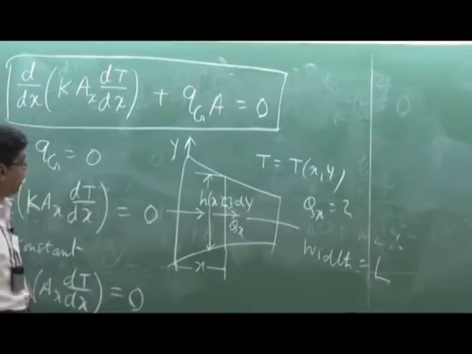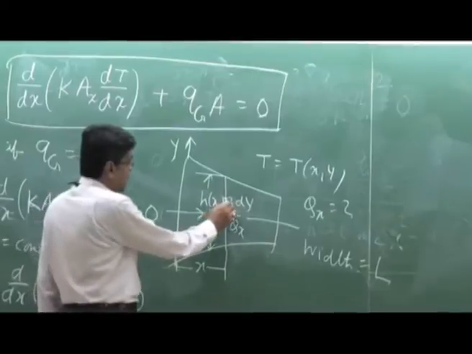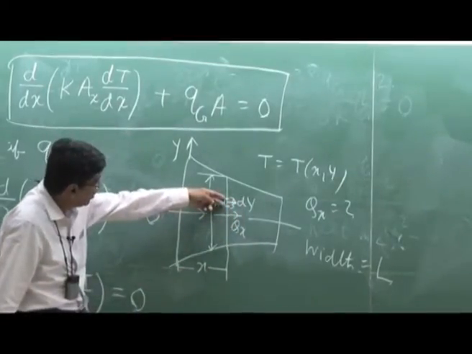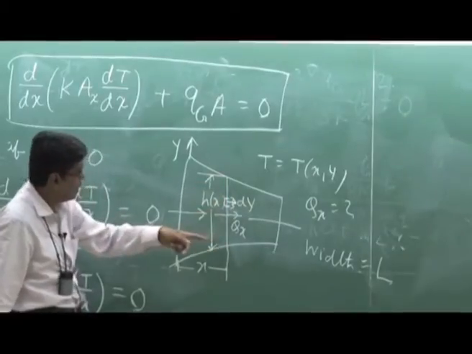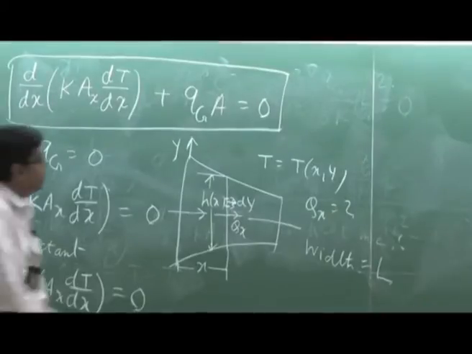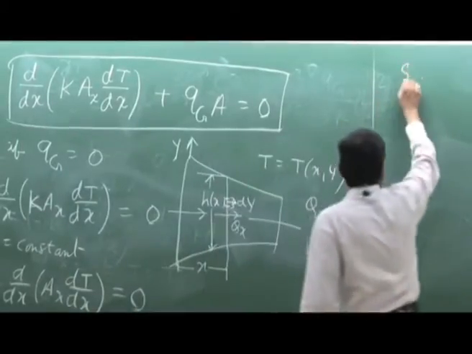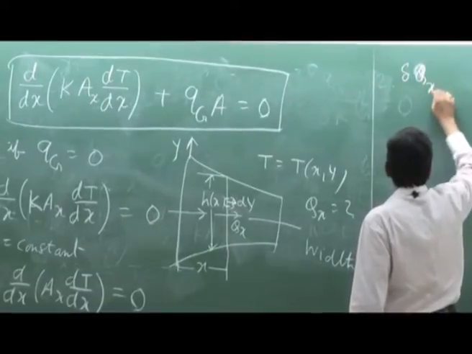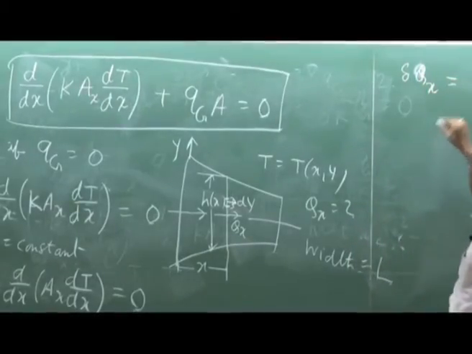So, if we tell this the heat flux through this elemental area dy into L, not h into L, that is Ax, not that, then we can write del Qx is equal to what?